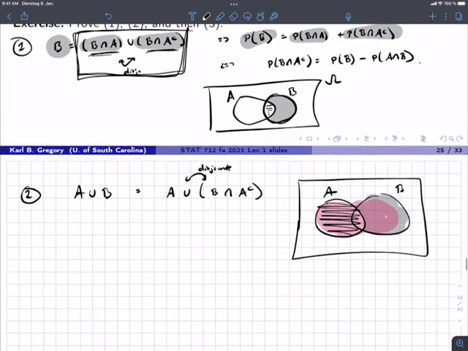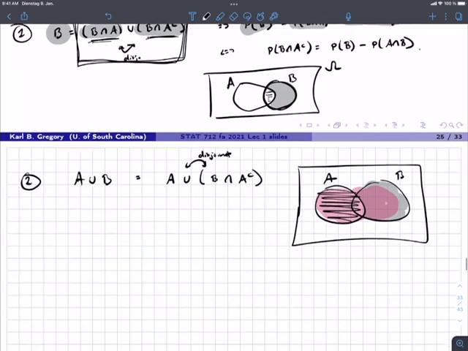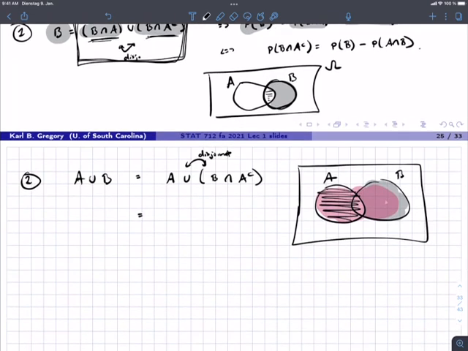So we get a lot out of writing something as the union of two disjoint sets. Okay, so now I can write this as probability of, well, sorry, I'm not writing it as a probability yet. So the probability of A union B is then the probability of A plus the probability of B intersect A complement.